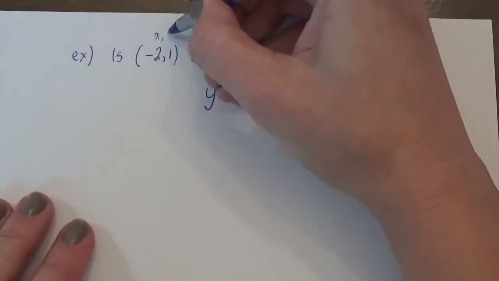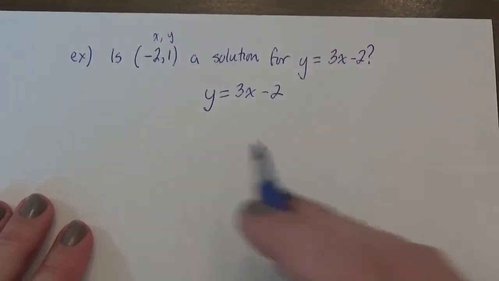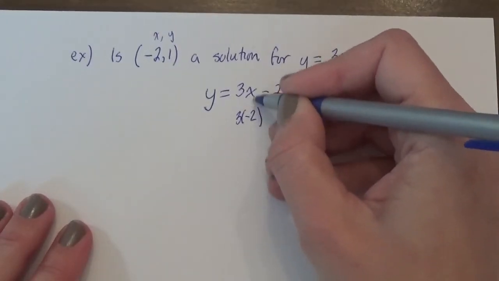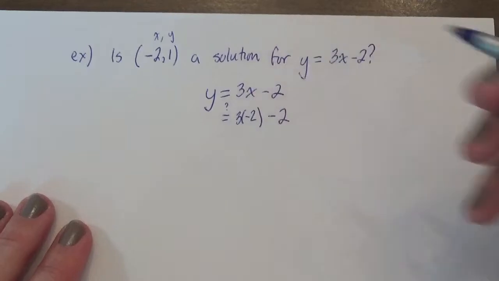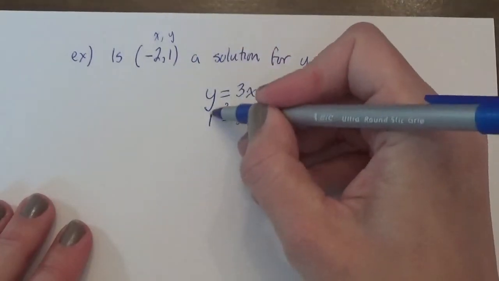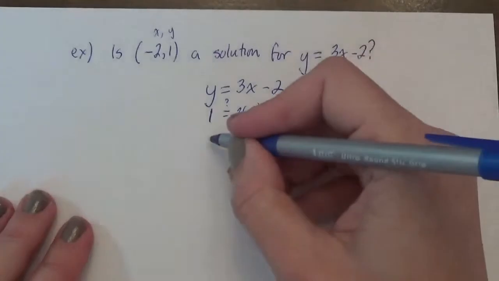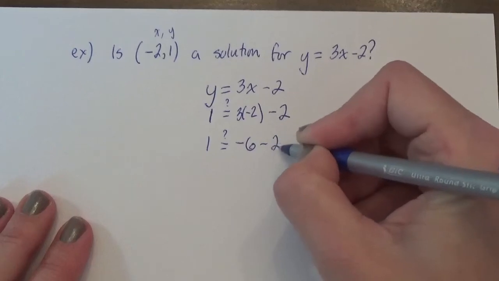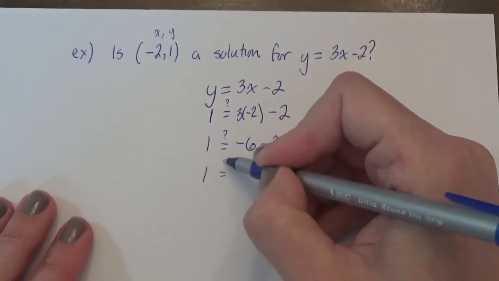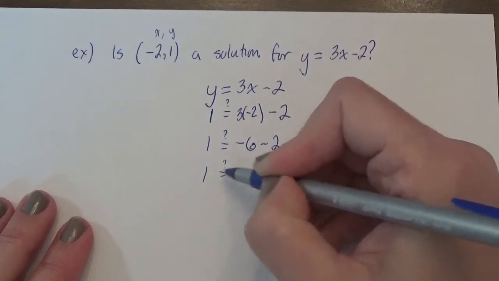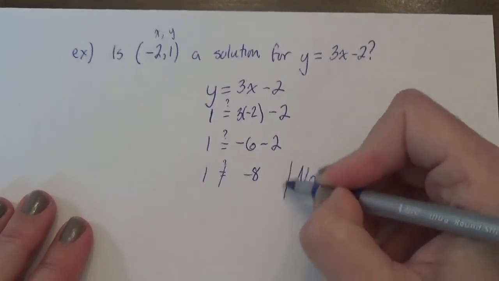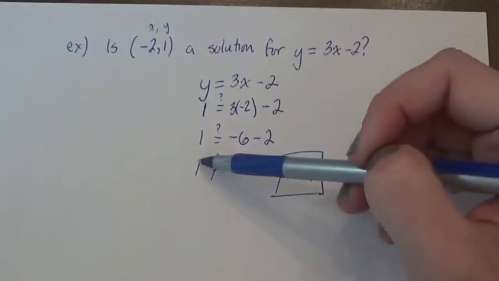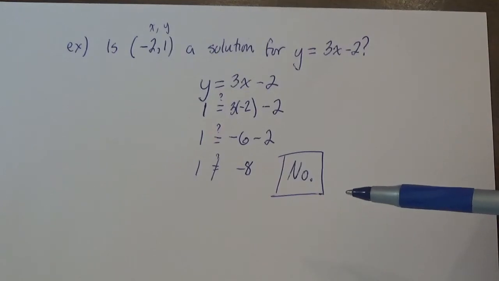Remember, the first number is always x, the second one is always y, just like the alphabet, x, y. So -2 is going to go in here under x. It's kind of like, is this going to work? And 1 is going to go here. So it's kind of like a check on our Sullivan checks. Is this going to work? 3 times -2 is -6. Uh-oh. Is 1 going to equal -8? In this case, no. So your answer here is no. This is not a solution. Obviously, if you plug it in and you get them to equal, then yes, it is a solution.